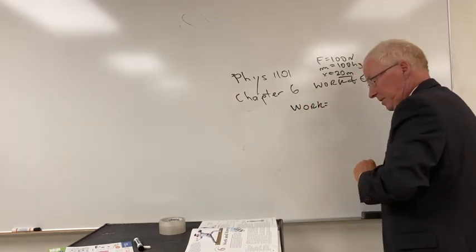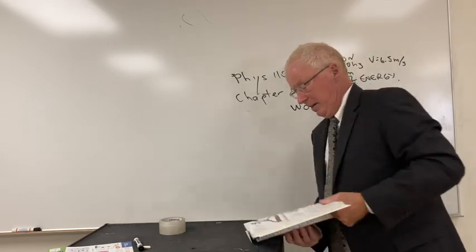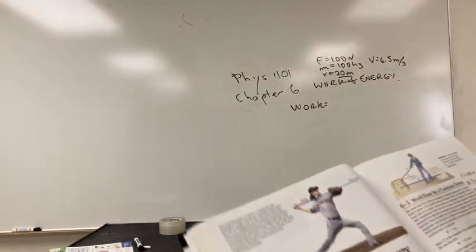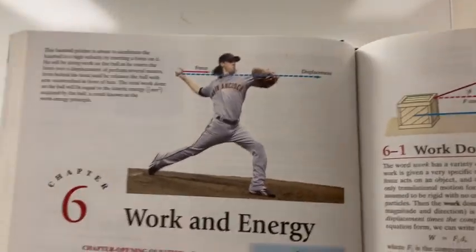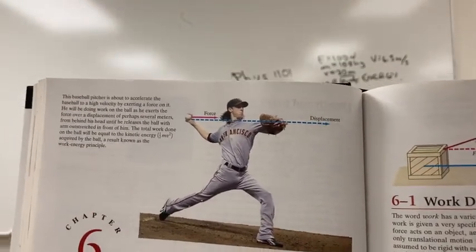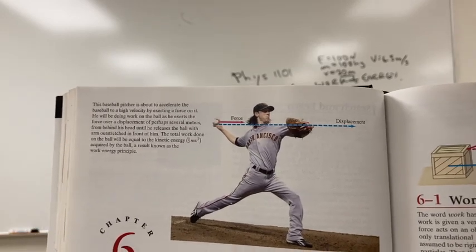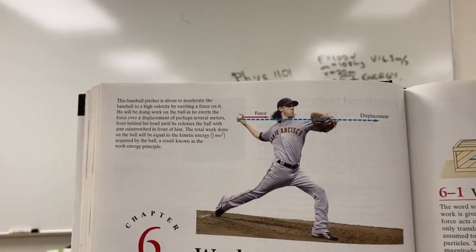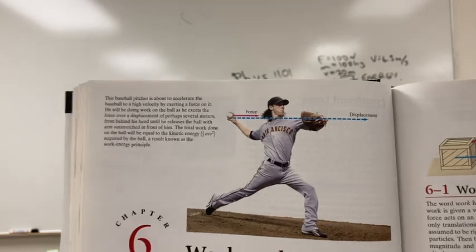which there's a nice diagram in the book, is force times distance. Now you can see a pitcher throwing a ball. They apply a force to their arm. And they want to pitch it as fast as possible.